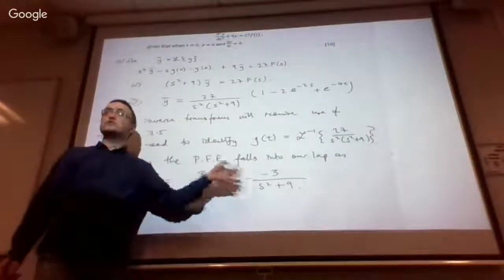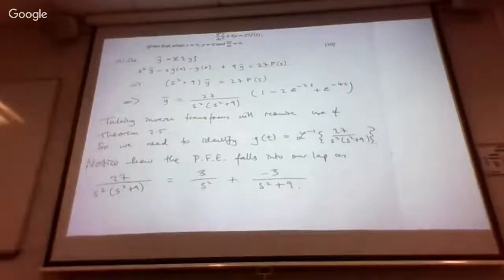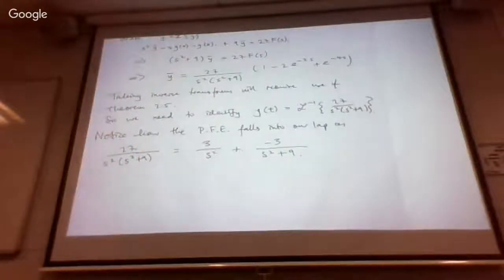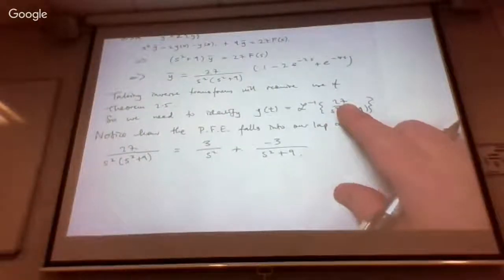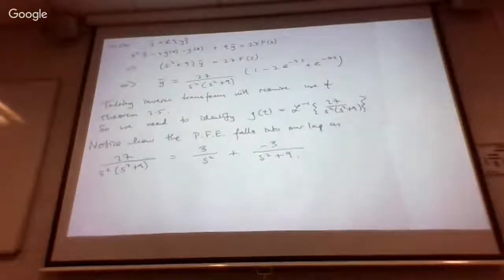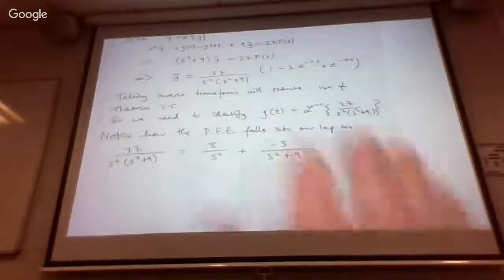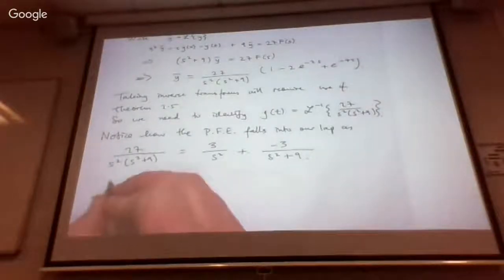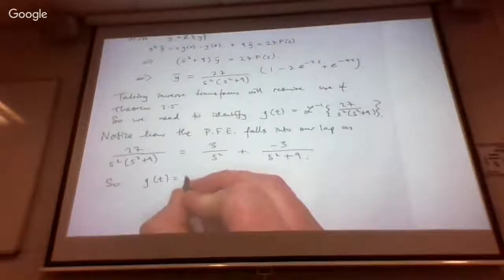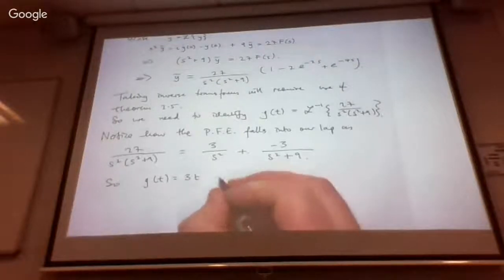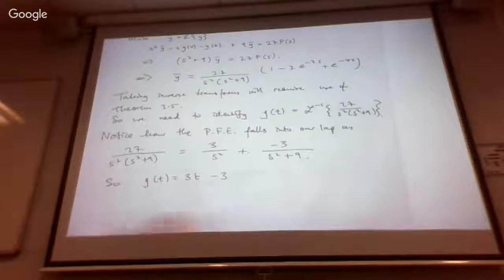These two functions we do find on the table. If we'd had a more awkward numerator there, we'd have to go through the full process of finding a partial fraction expansion. But it was set up nicely for us. So our function g of t is 3t minus 3 times the inverse transform of 1 over s squared plus 9.